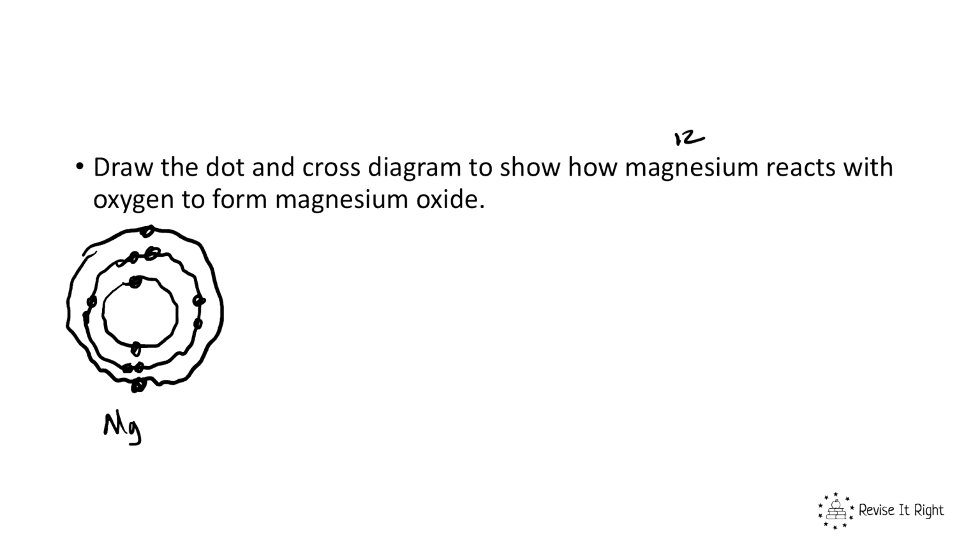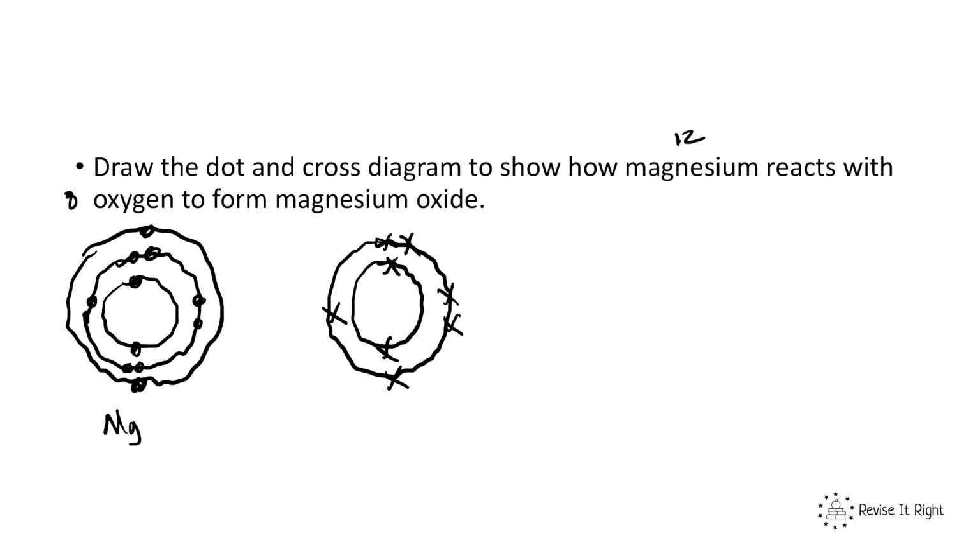Then we find oxygen. Well, oxygen has 8 electrons, so we draw that out now. Now remember, this time we'll represent them as a cross. So 2, it should have 6 left. So 1, 2, 3, 4, 5 and 6, and that is oxygen. Now when these ionically bond, magnesium is going to give these 2 electrons in the outer shell to oxygen.